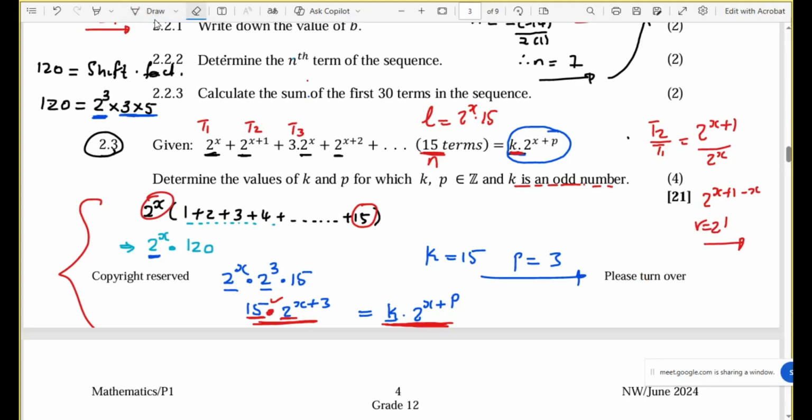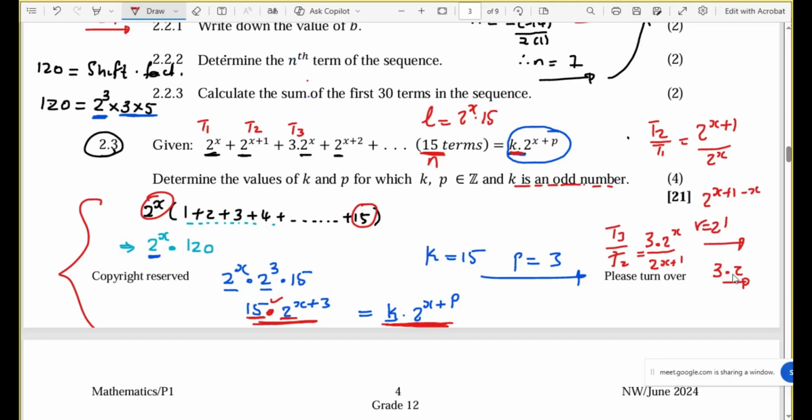So this should be equal to T3 over T2. T3 is 3 times 2 to the x, over 2 times 2 to the x. Already by looking at this, you can see that there's no way we get 2. So this is 3 over 2, which is not the same.